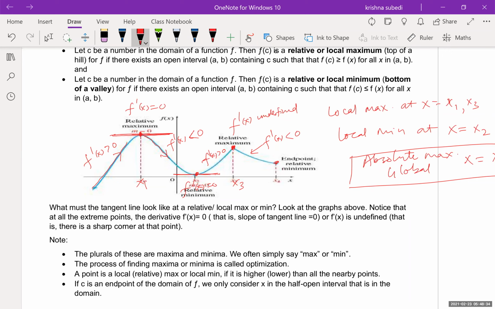Just by looking at the graph, I would like you to think and let me know where the graph has relative extrema. Remember, extrema means minimum and maximum, both. So I want you to tell me the local maximum at x equals, local minimum at x equals.